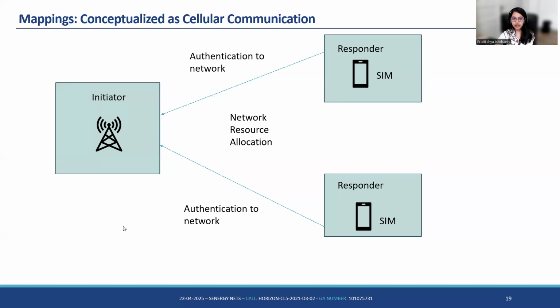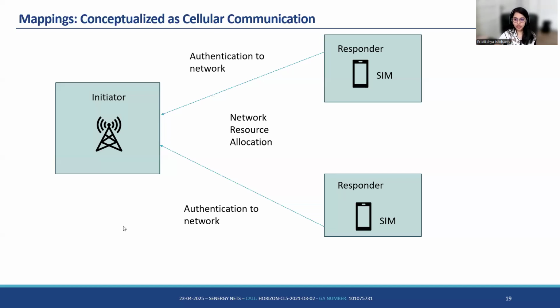Here the initiator resembles something like a cellular tower, and responders are the cell phones which have a SIM card. The SIM card tries to authenticate itself to the network by sending certain signals.